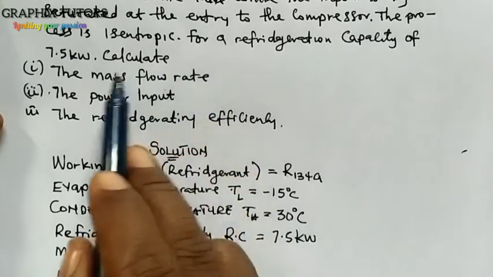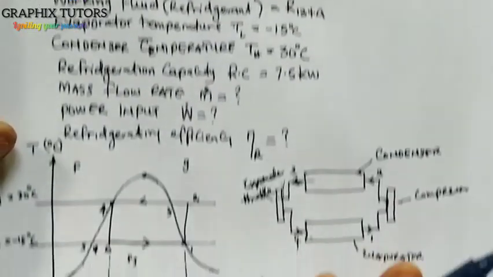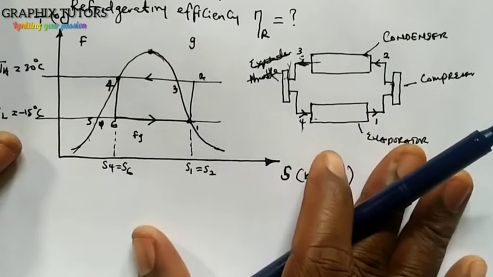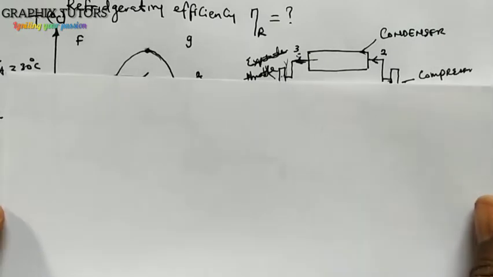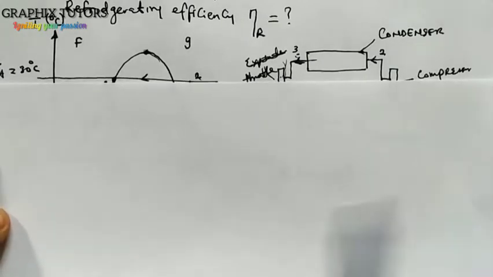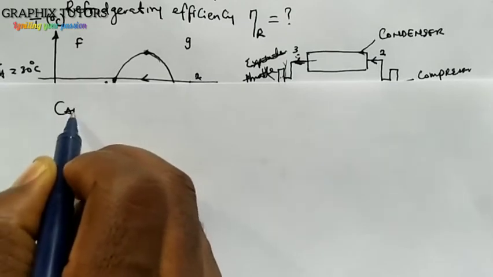So now we look for the mass flow rate. I'll leave it this way, right? So what I will do is calculate for the mass flow rate.